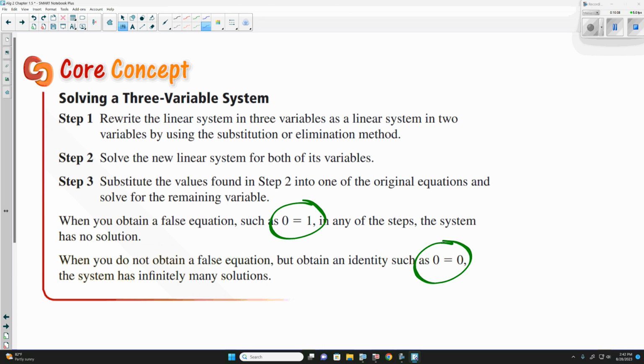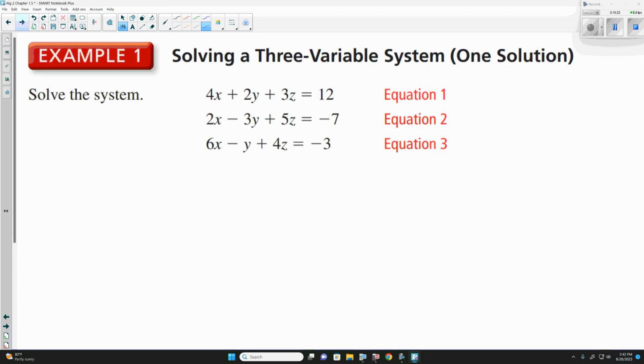Now, we do have these 3 steps. There's 3 steps in solving it. I phrase them a little different. But the main thing we're looking at is eliminating variables to get down to the end. Because when we solve a 3-variable system of equations, well, we can't just solve for 3 variables.